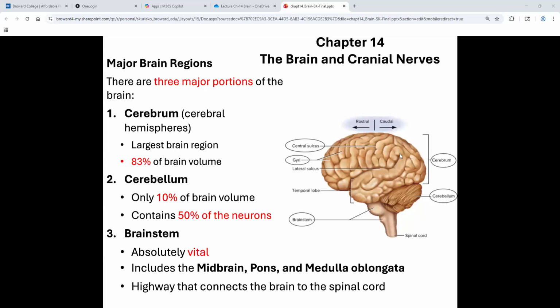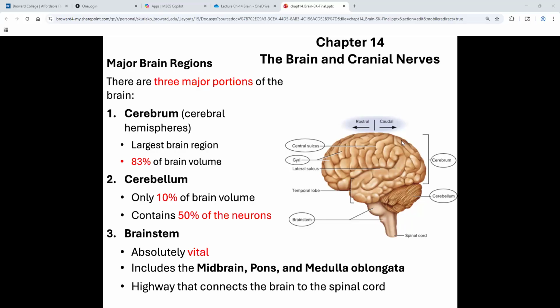What you normally imagine is this big part here. That is the cerebrum. Then there is a small part at the back below the cerebrum. That's the cerebellum. And the third part is this little stalk here, and that's called the brainstem. So it's like a stem, okay?